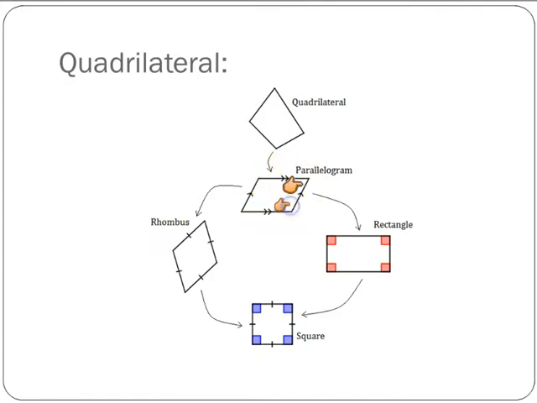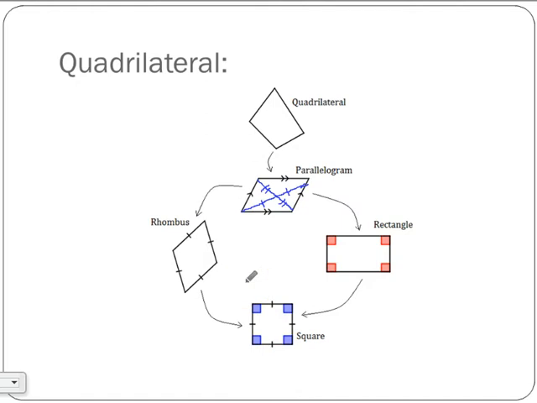We learned about the angles that we call consecutive angles, or angles next to one another, will add up to 180 degrees. And then we learned about the diagonals. The diagonals will bisect one another, so they'll break up into 2 equal segments.